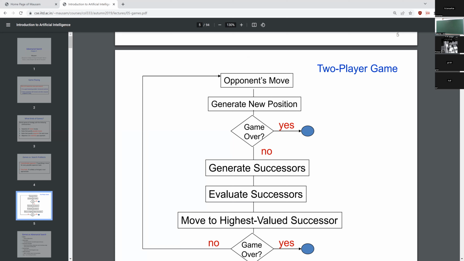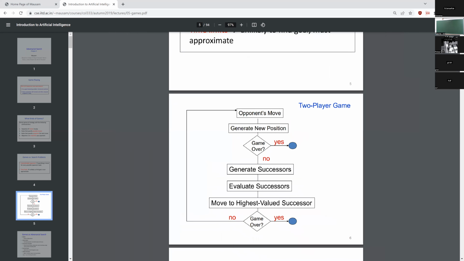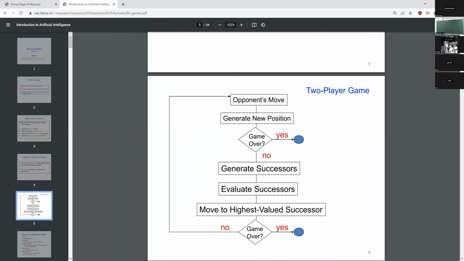For each of the successors, you then evaluate by means of some measure how good the successors are. If you have, let's say, 1,000 successors from a given current state of the game, you would like to evaluate those 1,000 successors to come up with that successor which is the most likely to take you to the winning checkmate position, right?